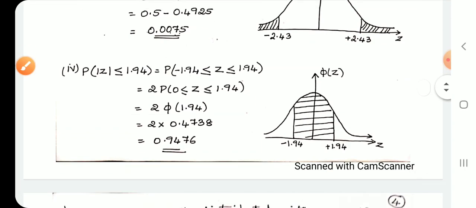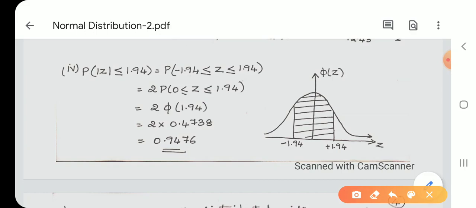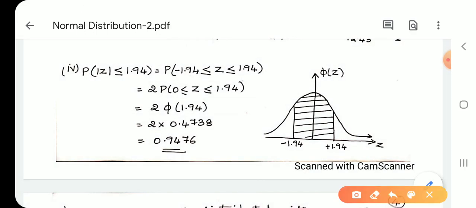Let us move on to the next one. P of mod z less than or equal to 1.94. Mod z means it can be defined as P of minus 1.94 less than or equal to z less than or equal to 1.94. That means z lies between 1.94 and minus 1.94. Let us mark these points.